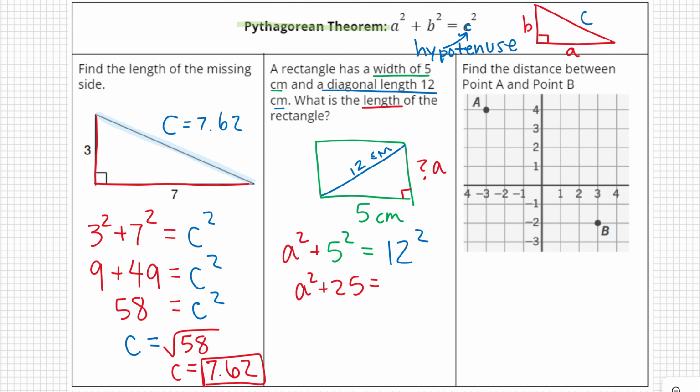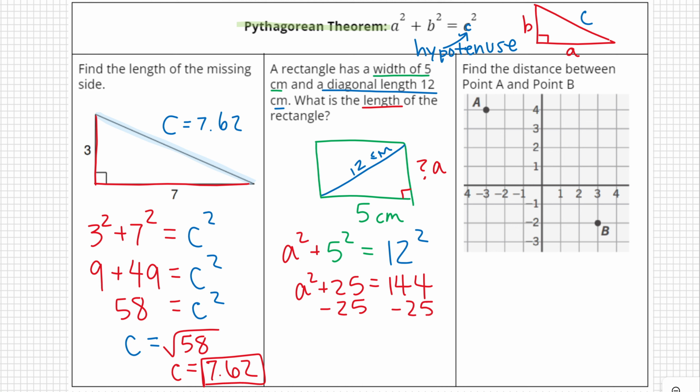Now I'm trying to figure out what A squared is. And I know that A squared plus 25 is equal to 144, so if I undo this plus 25, if I subtract 25, and I'll do that to both sides of my equation to keep it balanced.